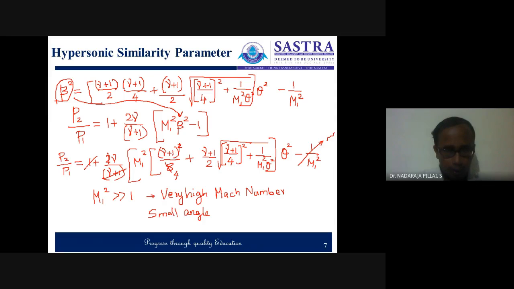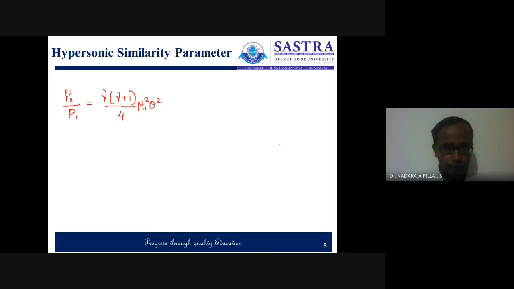So gamma plus 1 by 4 into M1 square theta square, plus gamma into root of gamma plus 1 by 4.